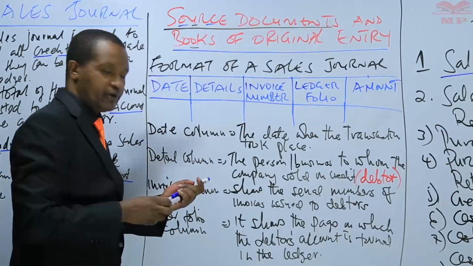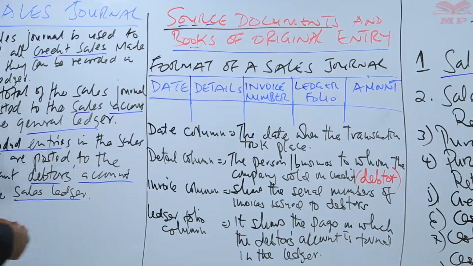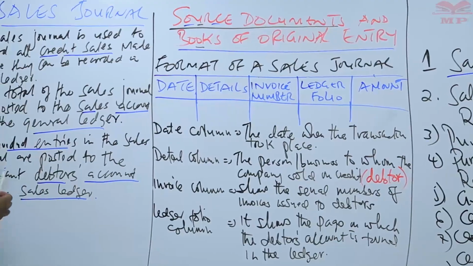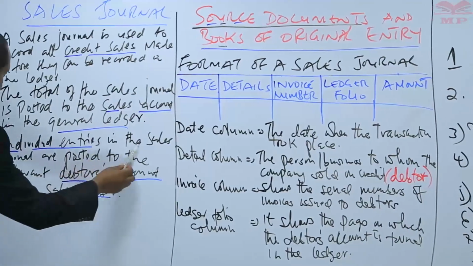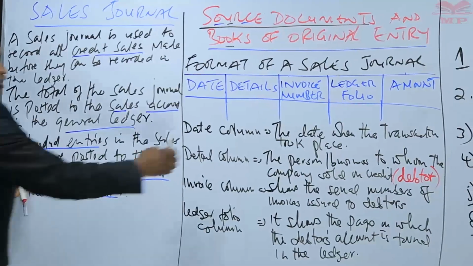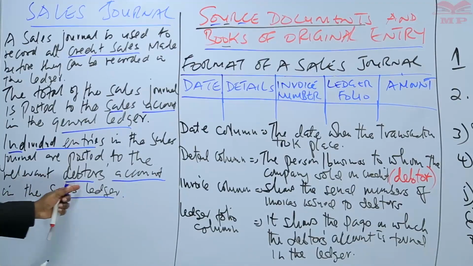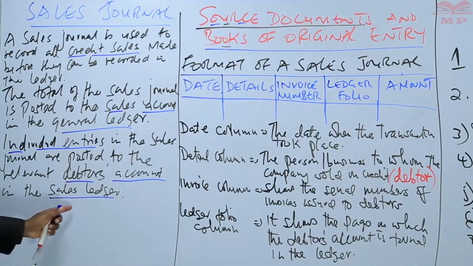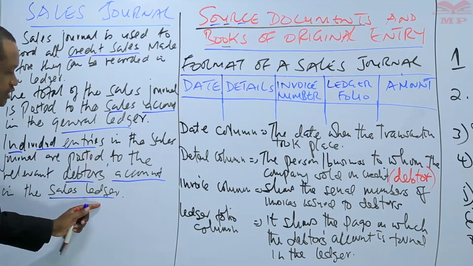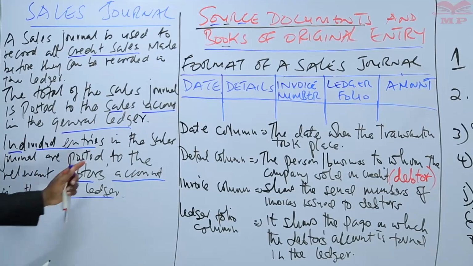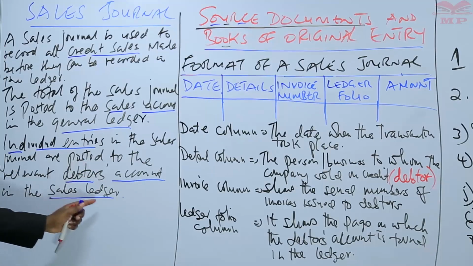Because taking you back, learners, I had mentioned here that individual entries in the sales journal are posted to the relevant debtor's account in the sales ledger.